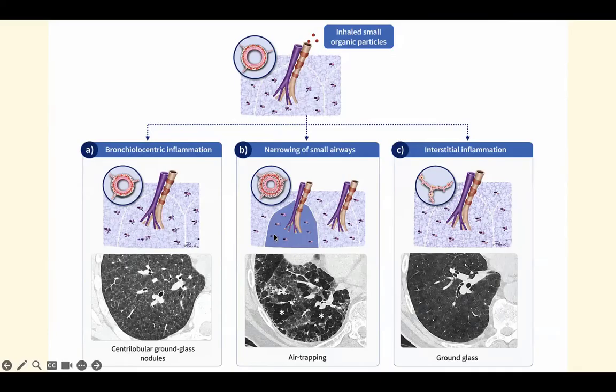And on expiration, we will see that there is air trapping. In case of spread of the inflammation into the interstitium, it will cause ground glass opacities. Combination of these two mechanisms in one patient will produce what is called the three-density sign.